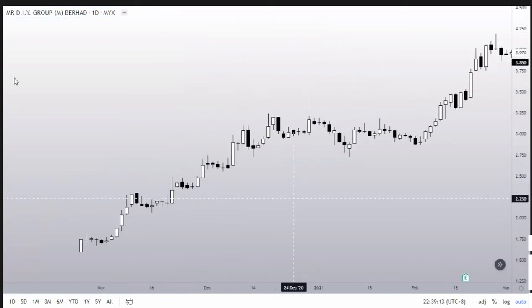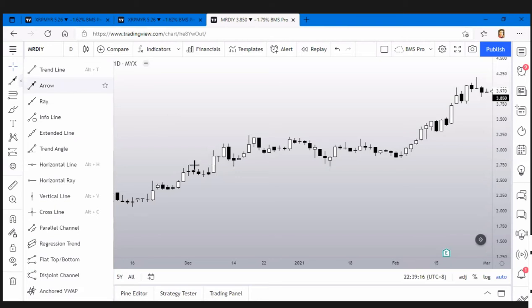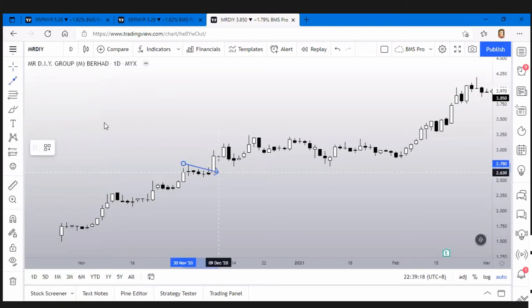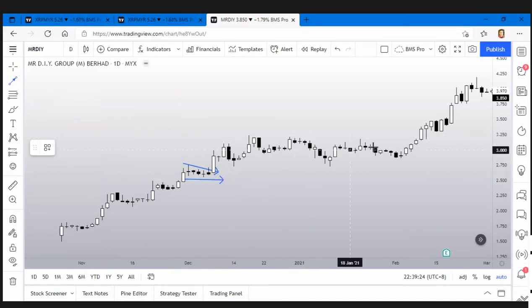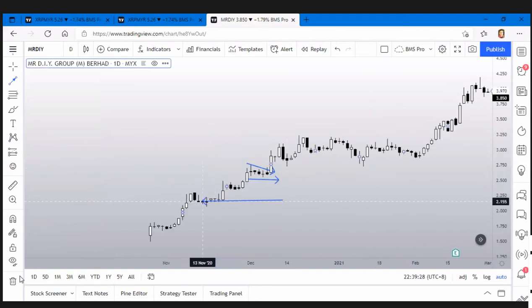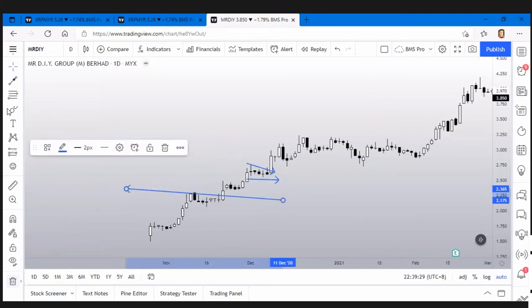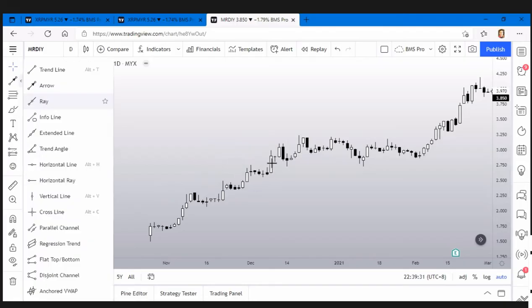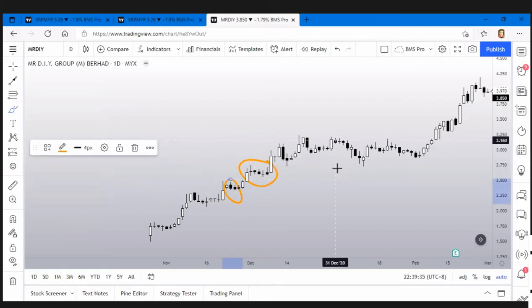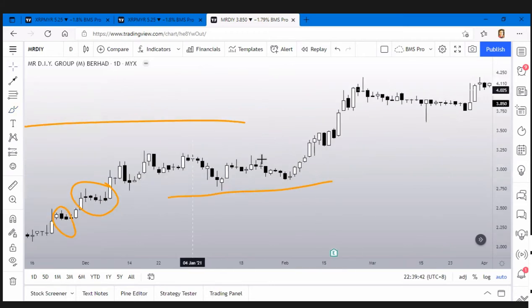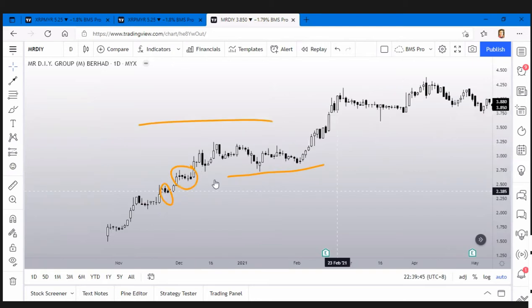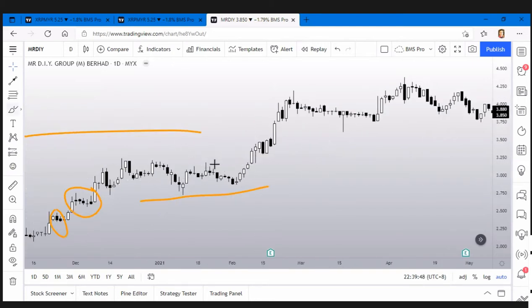So it looks something like this, the pennant. The pennant can look something like this. This kind of area, okay, this is not so clear.